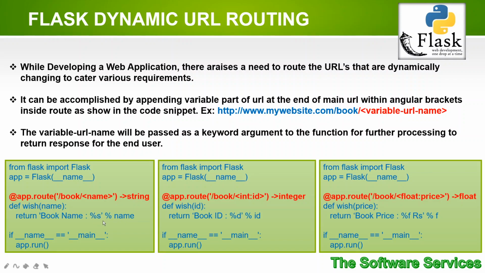In the Python basics classes I had elaborately discussed Python string formatting, right? Because it is a string, we have to give %s and then the substitution %name, right? So in this %s, whatever name the visitor has typed in the URL will be substituted here and returned as a response to the end user, friends.